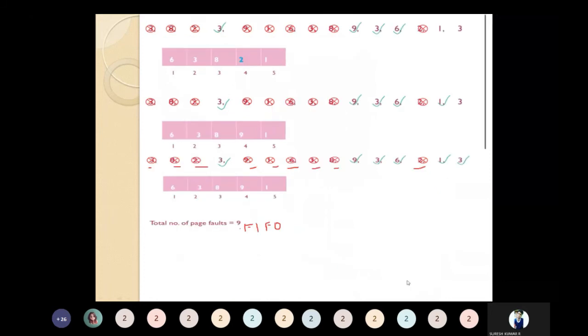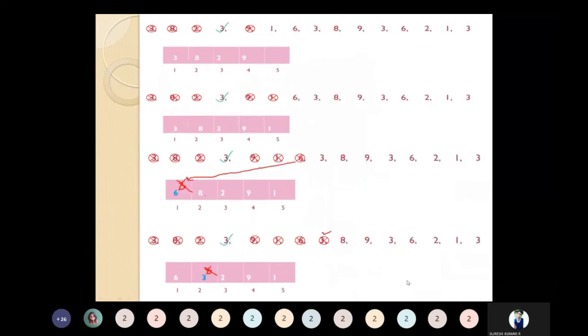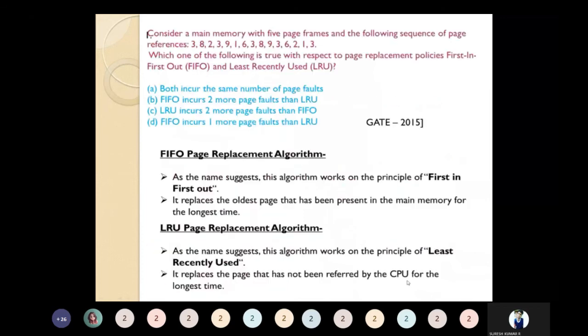So here we need to choose the answer. In these four options, first read out all four options. Both have the same number of page faults. Yes, this is correct, because FIFO is 9 and LRU is also 9.